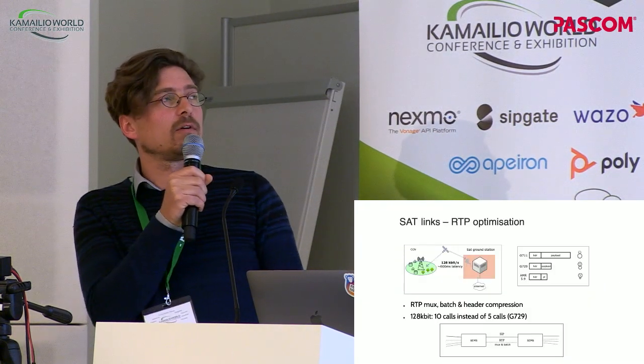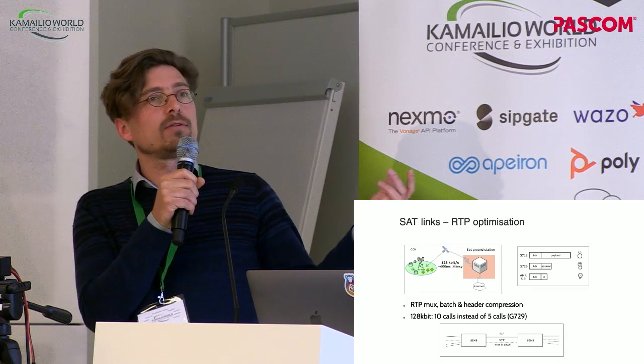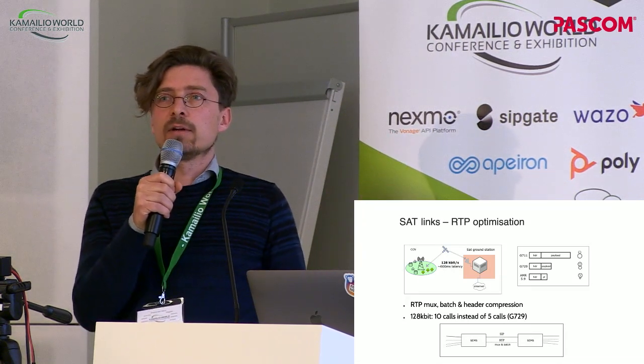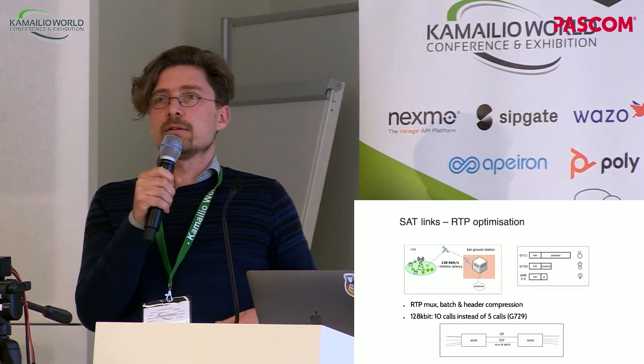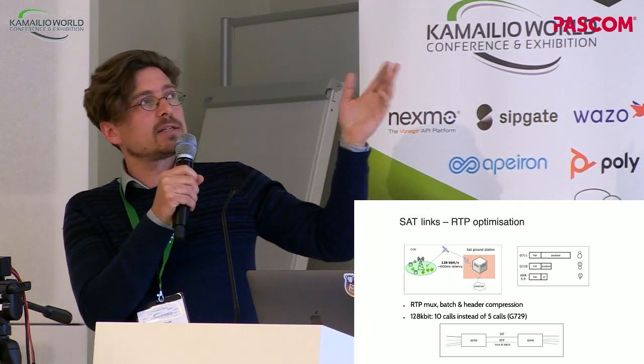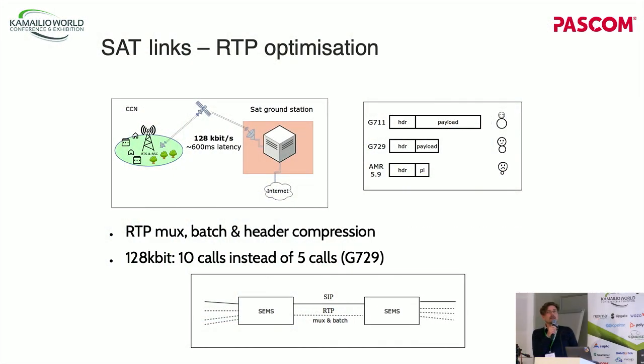And what we did for another scenario is where you are really so far away that you don't even have a Wi-Fi terrestrial internet link, but only a SAT link with really limited bandwidth, for example only 128 kilobit. Then you have to try to get as many calls as possible through it.